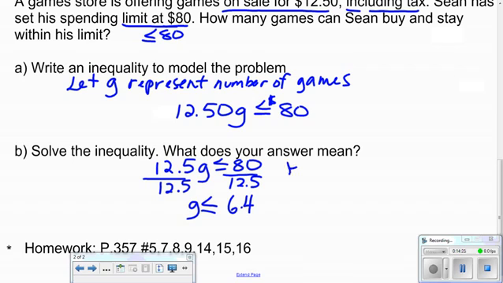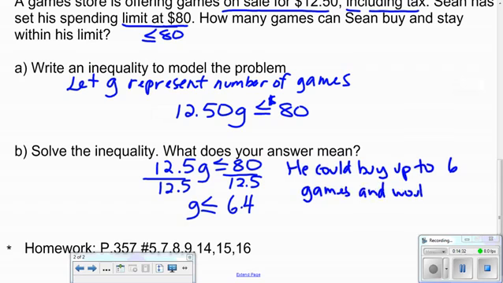So he could buy up to 6 games and would have some change. Okay, that means he could buy 5 games, 4 games, 3 games, 2 games, 1 game, anything up to 6 games, but he wouldn't have enough money for that 7th game.